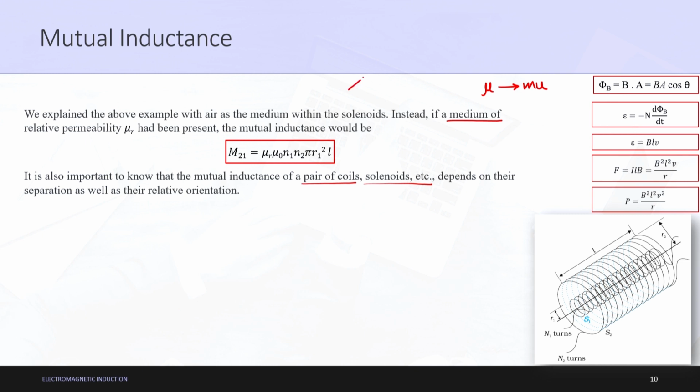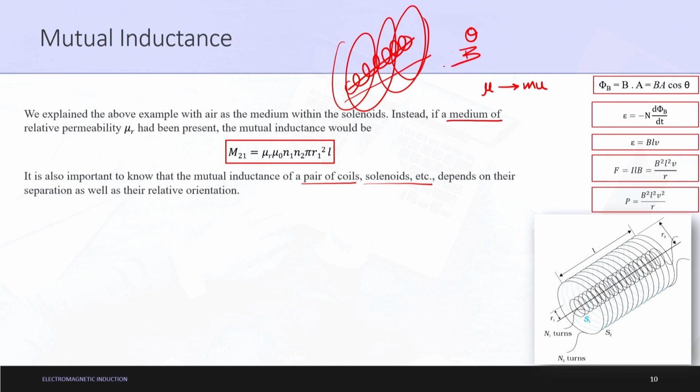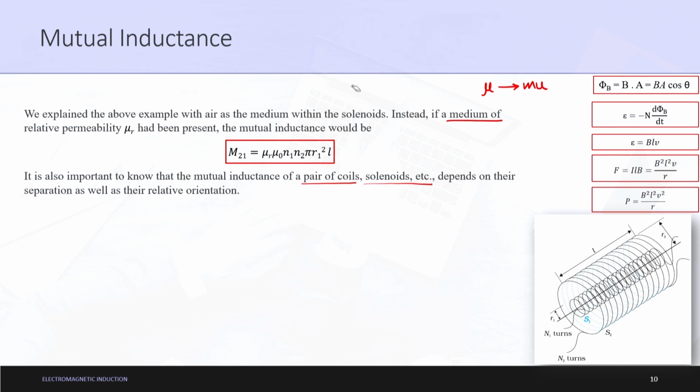It can be like this, that the small R1 solenoid is like this, but the bigger one is a little tilted. So, the mutual inductance will change. The value of theta may change, the value of B may change, the projection of area may change. Anything can change. This is the concept being talked about in the last point.